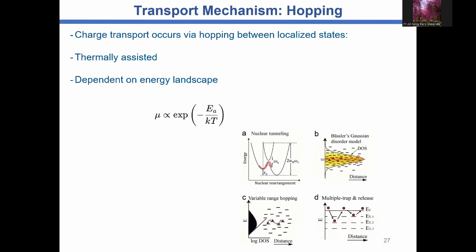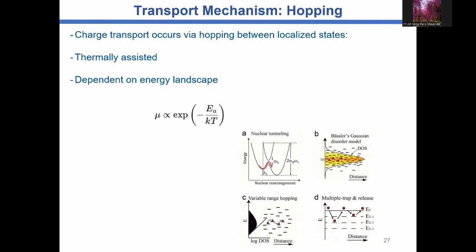We use this transport mechanism through hopping between the states, thermally assisted hopping. We also needed to know the energy landscape, or what the free states available in your material are.